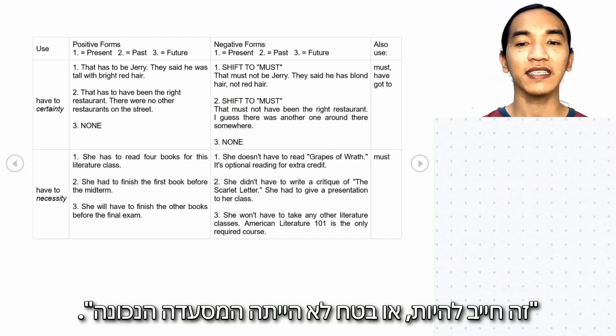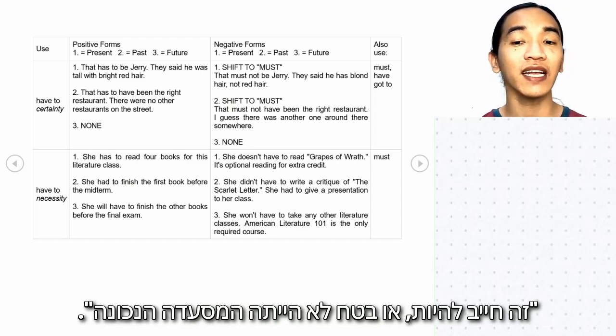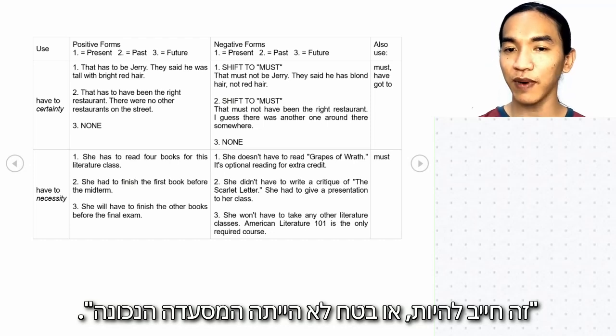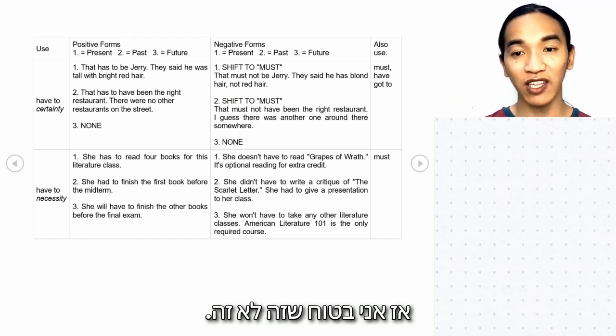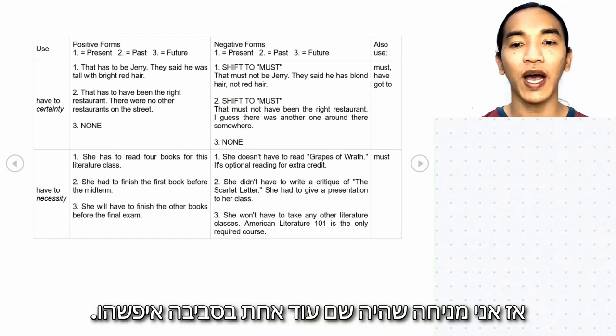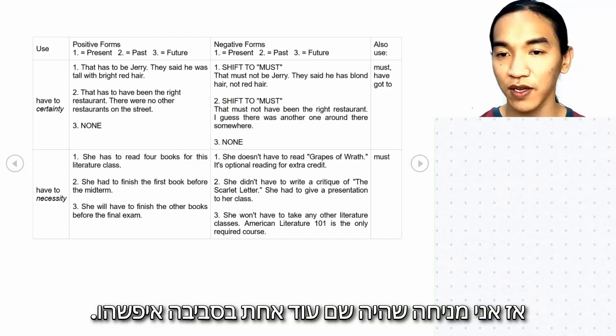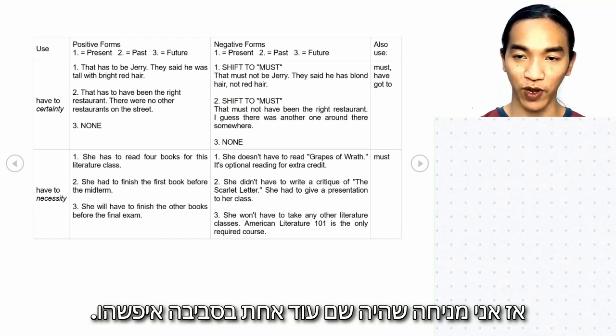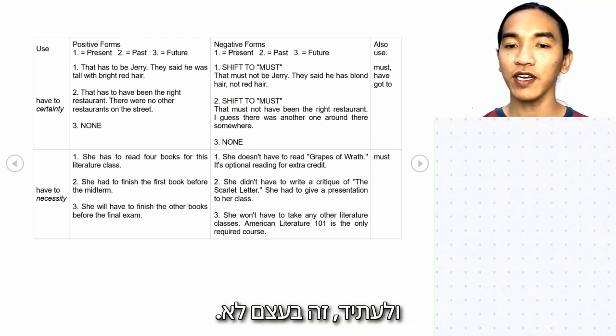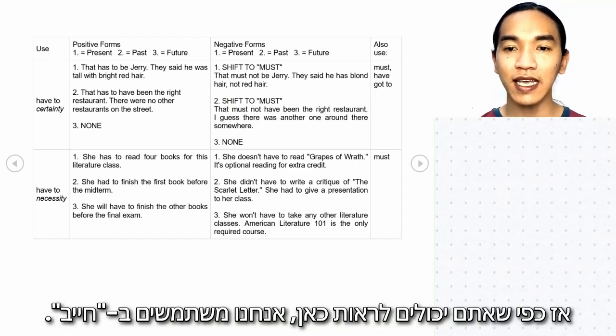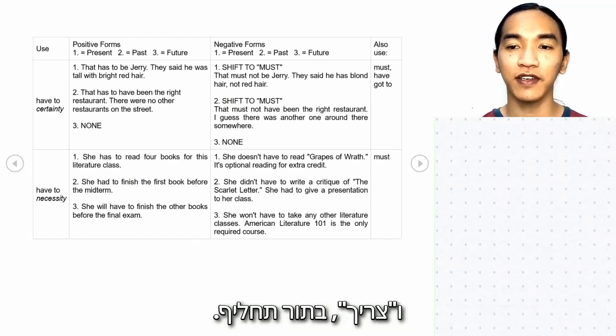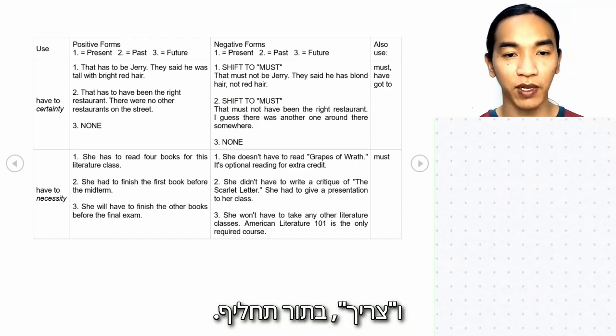That must not have been the right restaurant. So I'm sure it's not that. I guess there was another one around there somewhere. And for the future, it is actually none. So as you can see here, we use must and have got to as replacement.